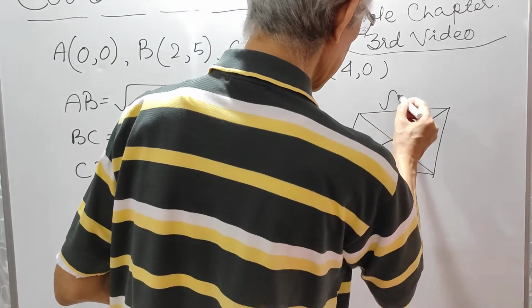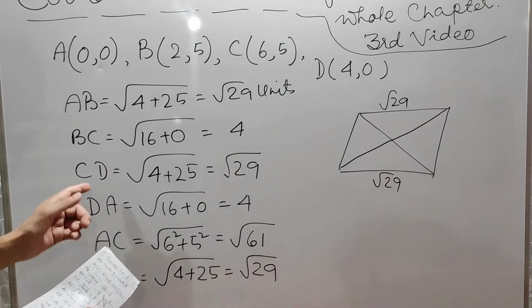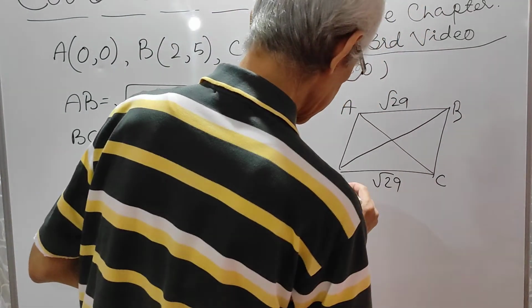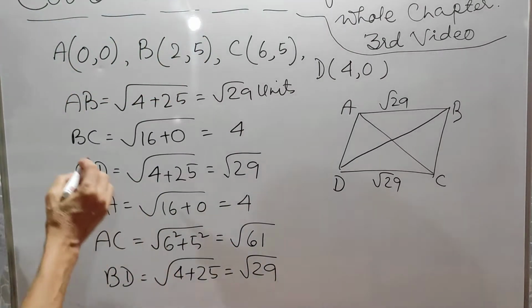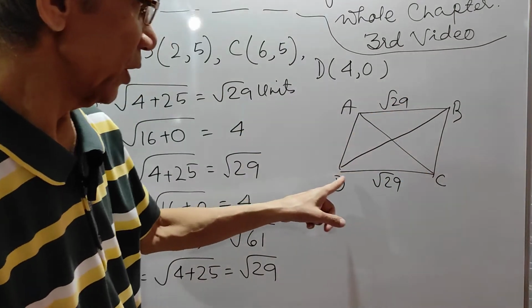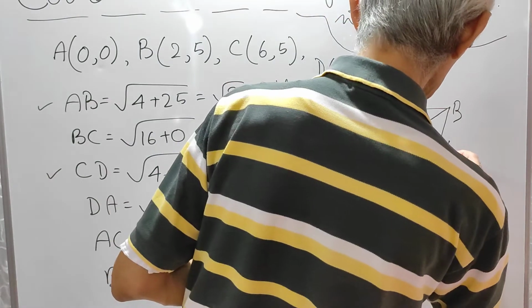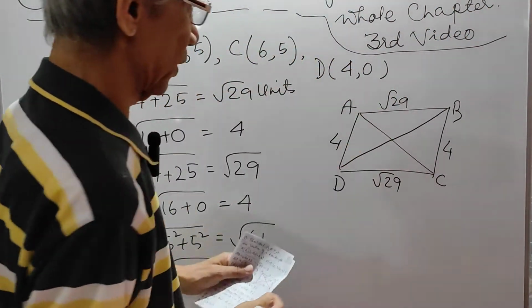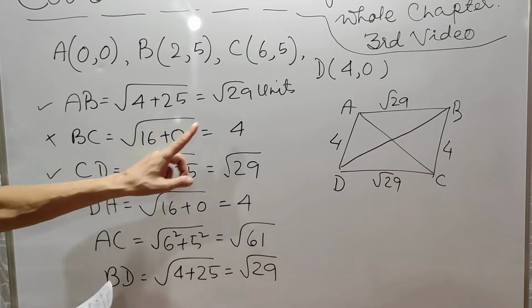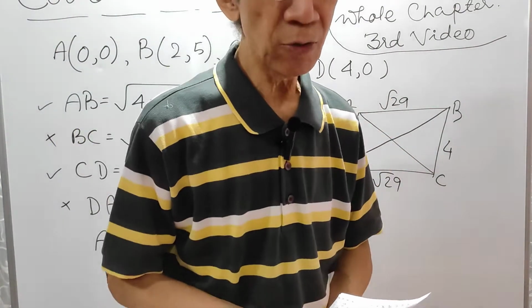So AB equal to CD. All right. Then BC and DA, 4. So BC is 4, DA is 4. All right. So we have shown the opposite sides are equal.